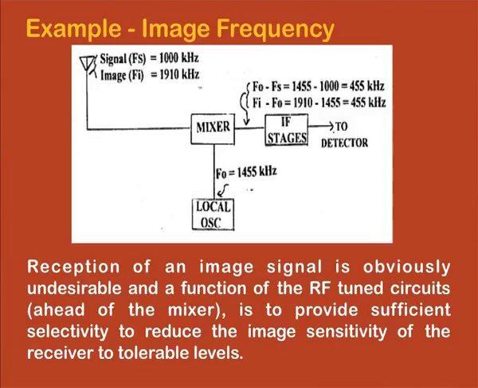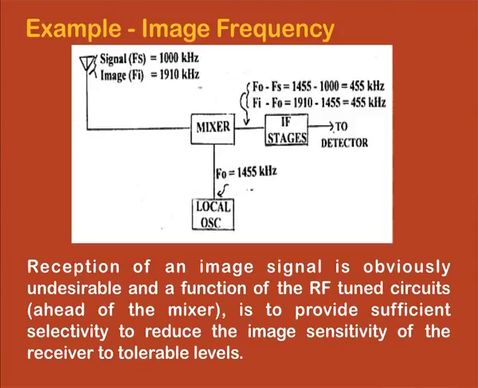Now, what will happen is that if there is any signal present at 1910 kilohertz, the mixer will produce the same output of 455 kilohertz for this image frequency, and this frequency cannot be separated by any circuit which follows the mixer. So, it has to be taken care of before giving the signal to the mixer.